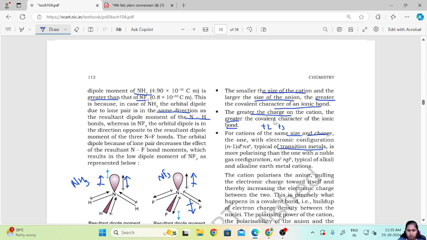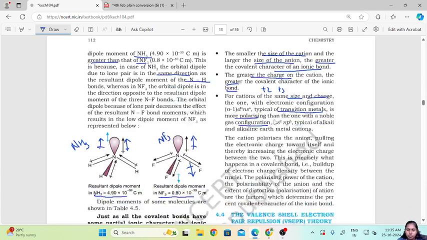Those elements are more polarizing than the ones with a noble gas configuration. Noble gas configurations have a relatively stable structure and are inert in nature. So compared to noble gases, the transition metals with the same size and charge have a more polarizing nature.